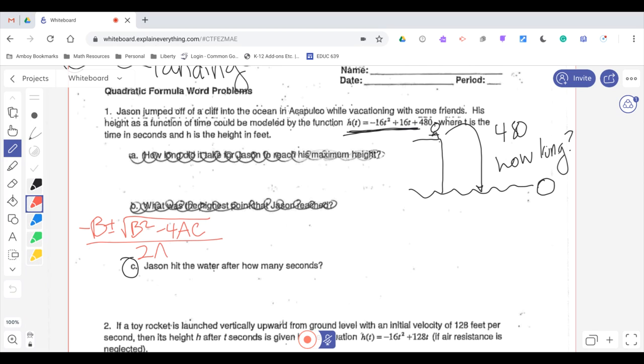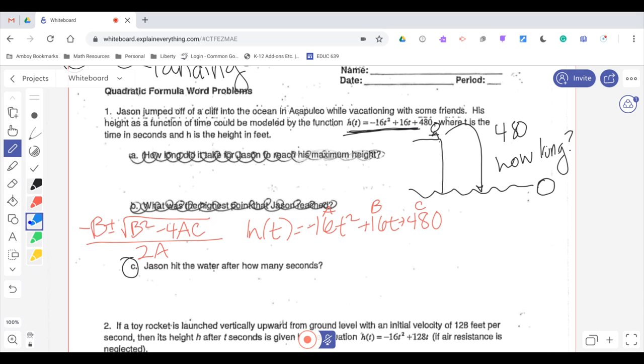I'm using a lot of space because I know I'm going to write a little bit big. I've got h of t equals negative 16t squared plus 16t plus 480. This is A, this is B, and this is C. We definitely want to use the quadratic formula on this one.